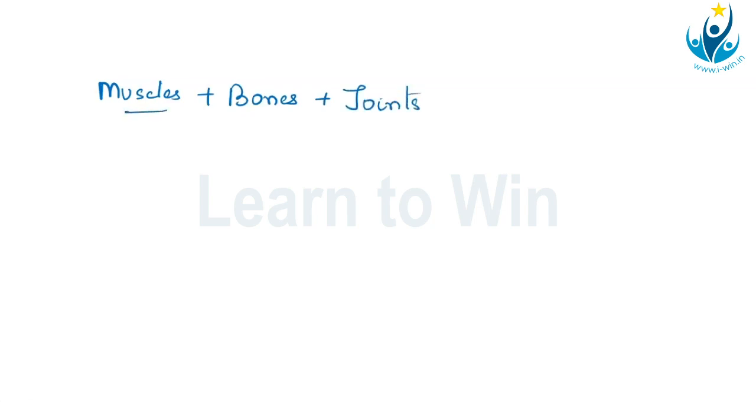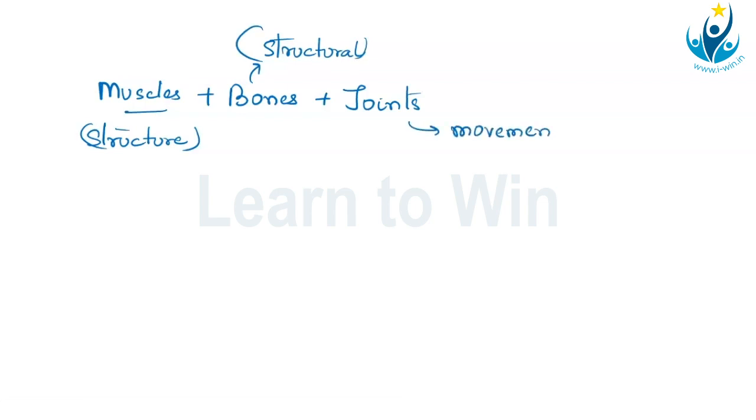So you have the muscles, one structural element, then bones, another structural element, and joints which help in the movement. You have to understand that when you're talking about movement and locomotion in human beings, you cannot just concentrate on muscles. You have to consider all these three.